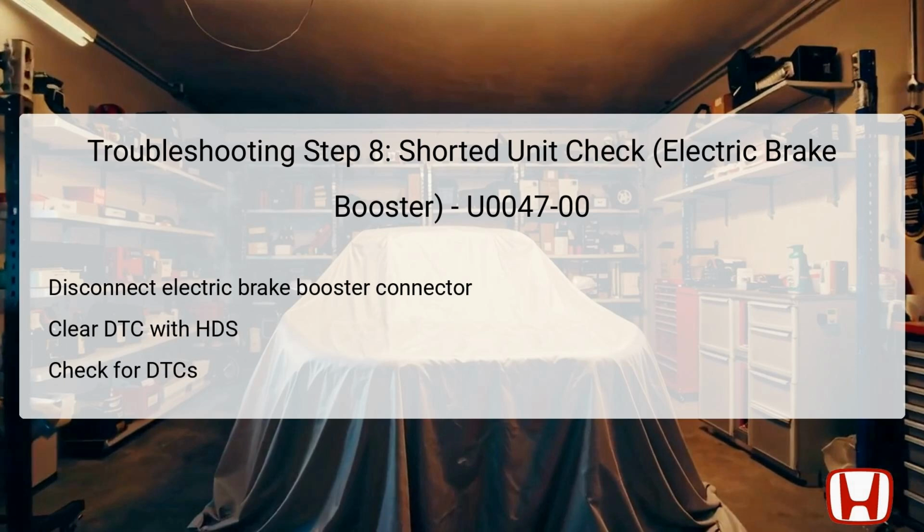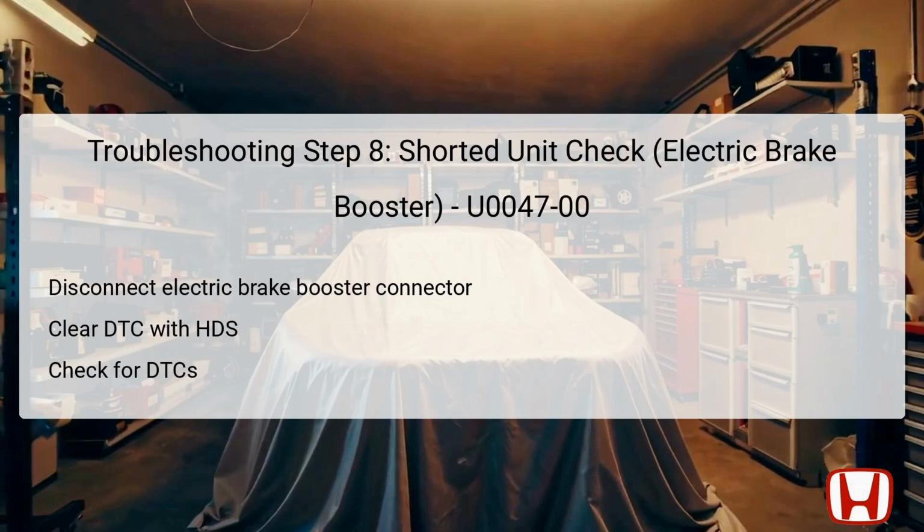Then leave the driver's door open for 3 minutes prior to executing any disconnections, as this ensures safety. Unplug the 26P connector from the electric brake booster, which is essential for providing additional braking power. With the connector removed, shift the ignition to the on position and utilize the HDS to clear any DTCs.